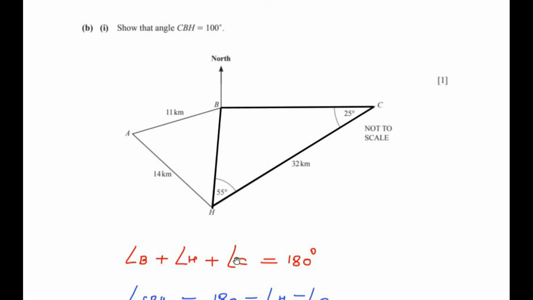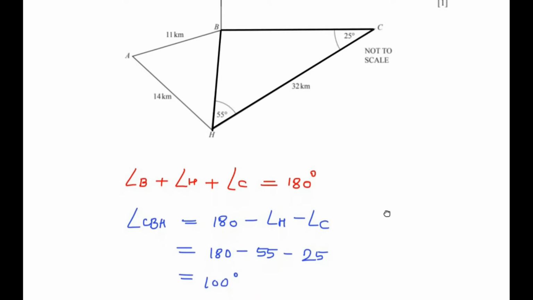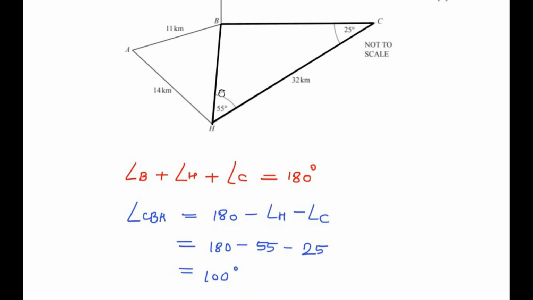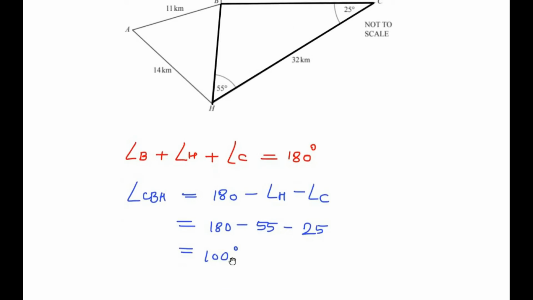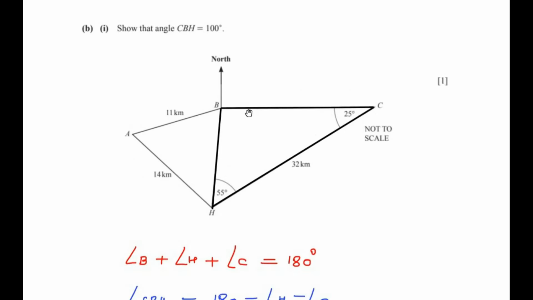Now let us take angle H and angle C as we have their values on the other side of the equal to sign. So we get angle B or angle CBH is equal to 180 degrees minus angle H minus angle C. Now substituting their respective values, we get 180 minus 55 minus 25 is equal to 100. So we have shown that the angle CBH is equal to 100 degrees.